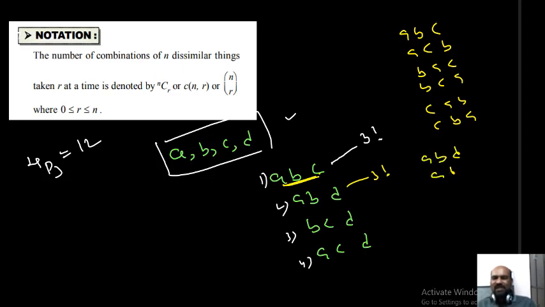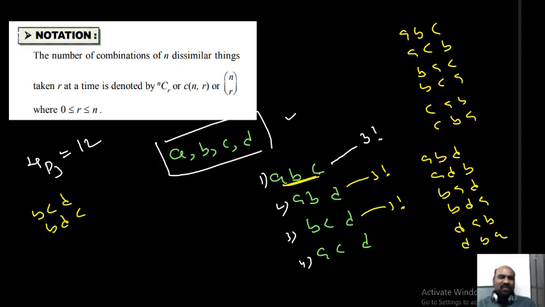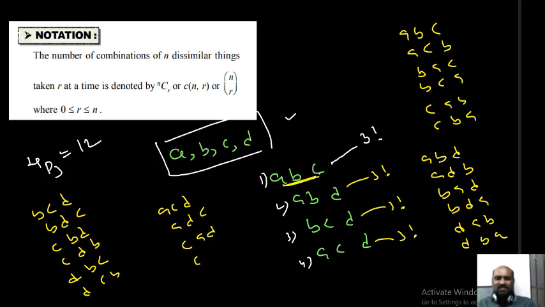A, B, D; A, D, B; B, A, D; B, D, A; D, A, B; D, B, A. I hope you understood. Another one gives 3 factorial as well: B, C, D; B, D, C; C, B, D; C, D, B; D, B, C; D, C, B. And another: A, C, D; A, D, C; C, A, D; C, D, A; D, A, C; D, C, A.